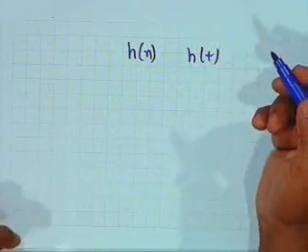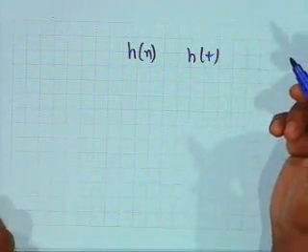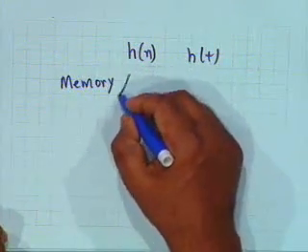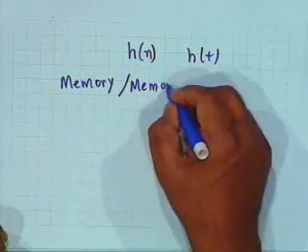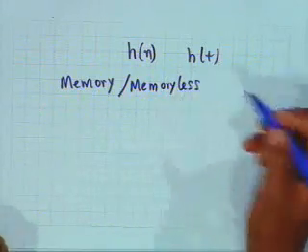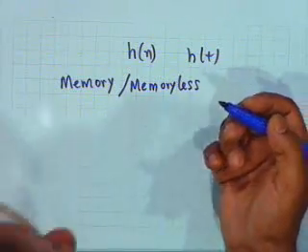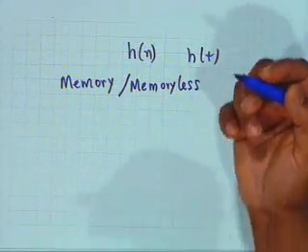Let's next consider characterization of memory systems, memory and memoryless systems. How do you characterize? We have characterized linear and non-linear systems in terms of superposition and homogeneity.